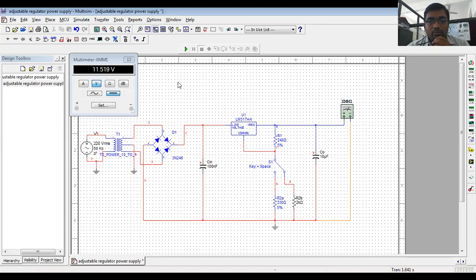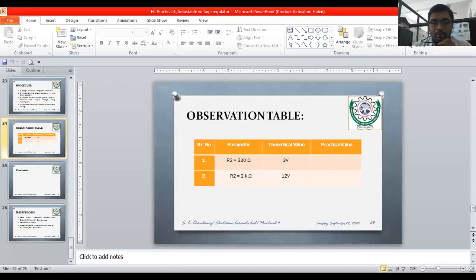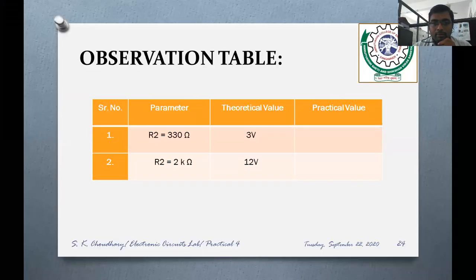Everyone please take a screenshot of this. Now we have to switch again to the PPT and fill up this observation table.